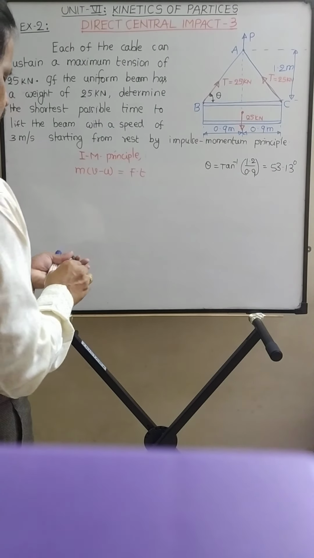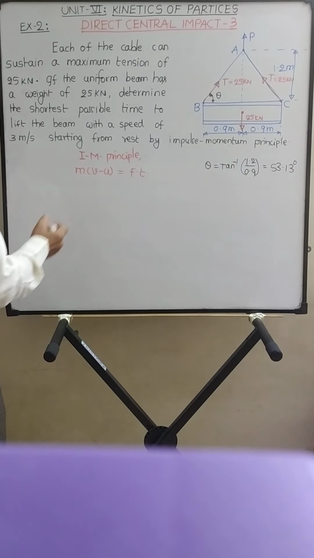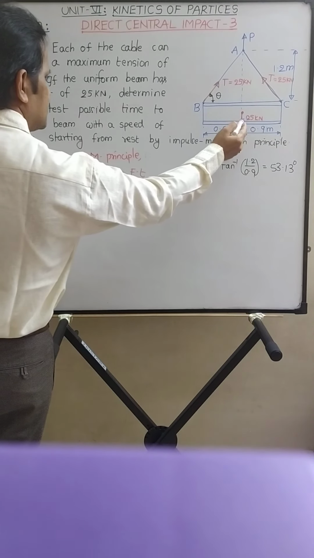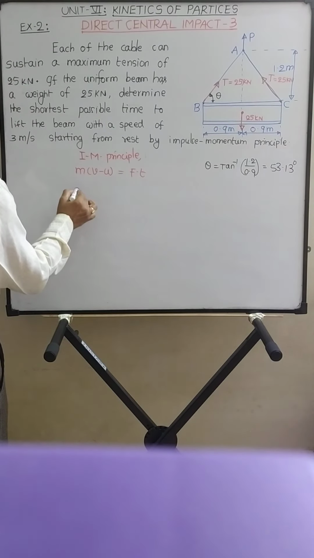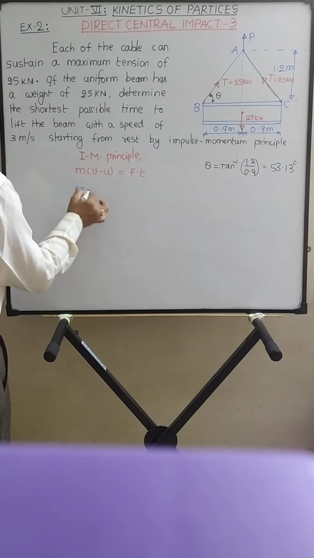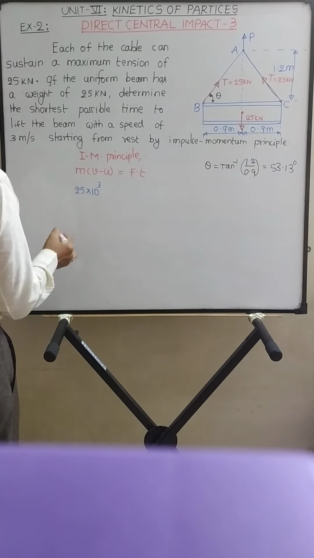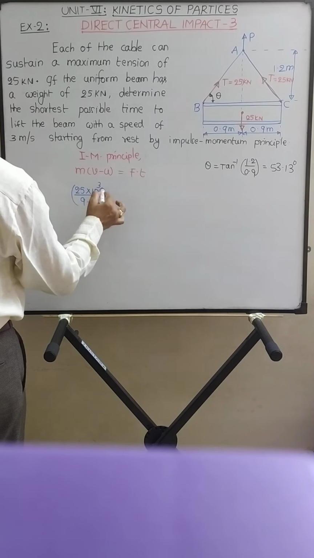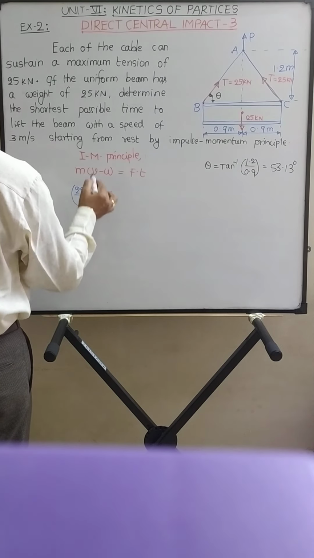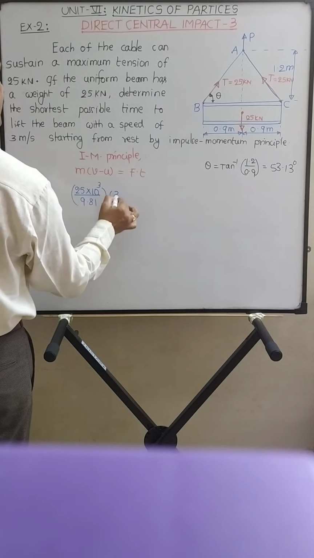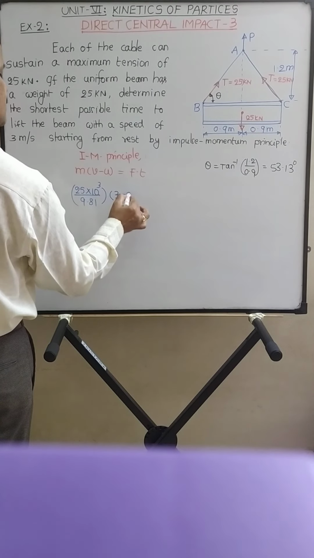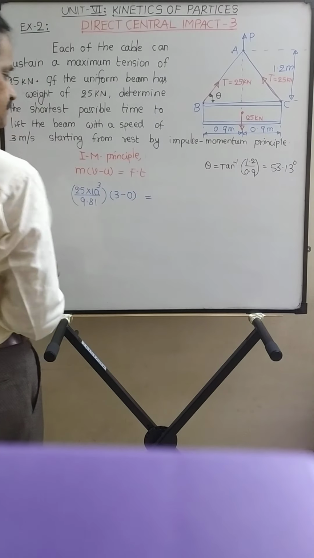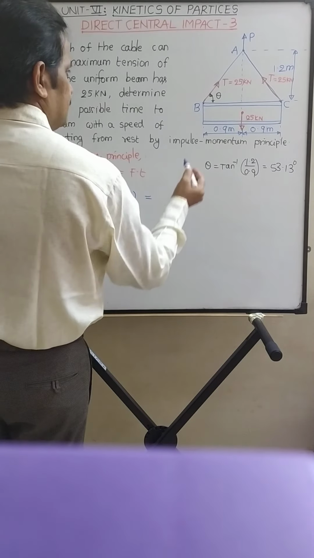Right? Now putting the values, here m is the mass of the beam. Weight of the beam is given 25 kilonewton. So it is 25 into 10 raised to 3 Newton divided by 9.81 kg, into final velocity 3 meters per second minus initial velocity, starting from rest, 0, is equal to, now the resultant force.